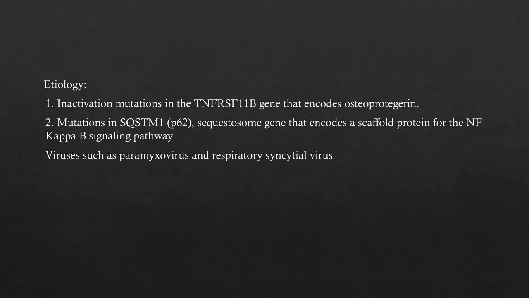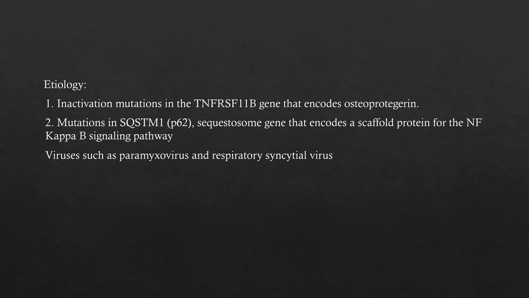The etiology of Paget's disease is that, like already mentioned, it's a disease where bone formation as well as resorption take place simultaneously. There are inactivating mutations in the TNFRSF11B gene that encodes osteoprotegerin, the protein that regulates bone metabolism, and there is mutation in the sequestosome gene P62 that encodes a scaffold protein for the NF-kappa B signaling pathway.